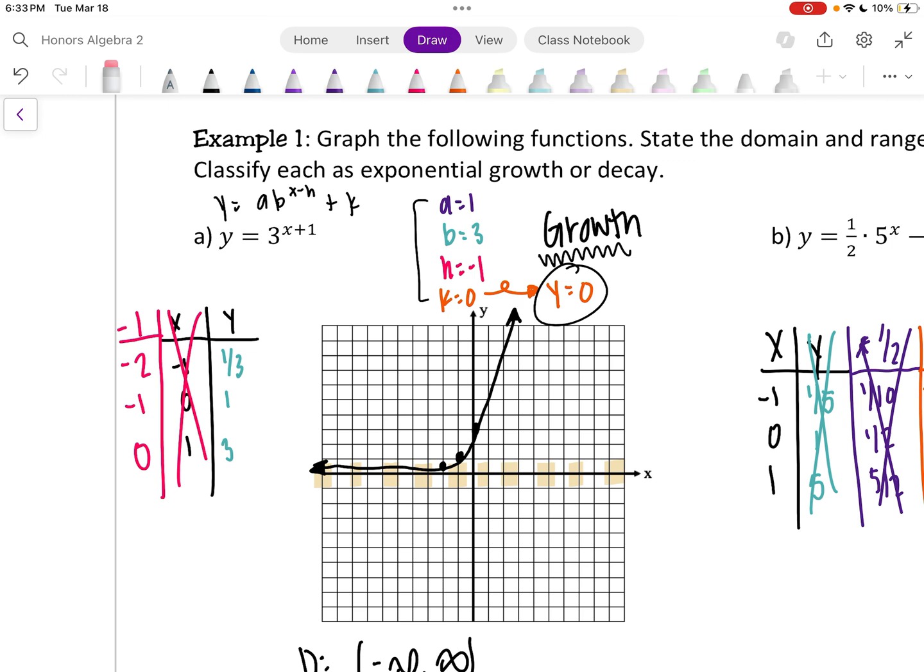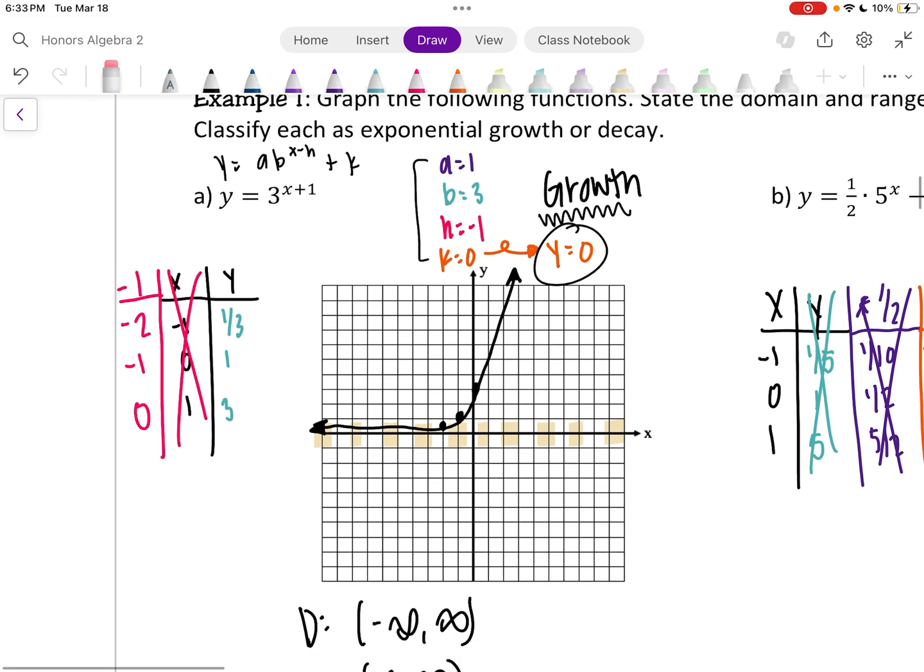With the growth, you have the negative 1, 0, 1, and then 1 over b, 1, and b. And then my h, remember, you just hack it. H goes on the left, so you minus 1.